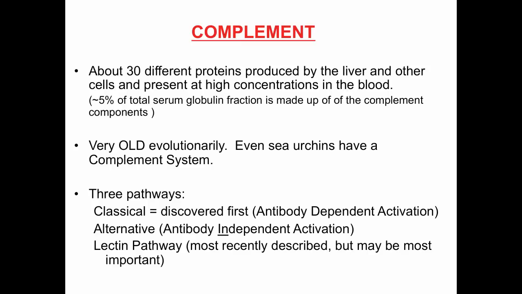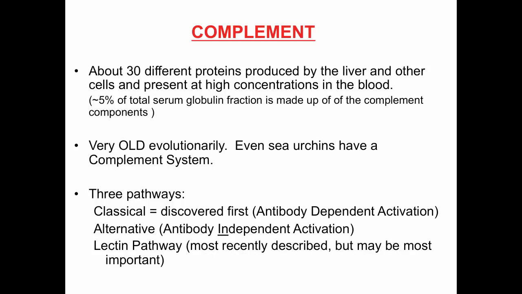A large fraction of our total protein component in the blood is made up actually of complement proteins. This series of proteins are very old evolutionarily. Many evolutionarily more primitive organisms have complement proteins, and they seem to have played a role in immune protection in many different microorganisms.